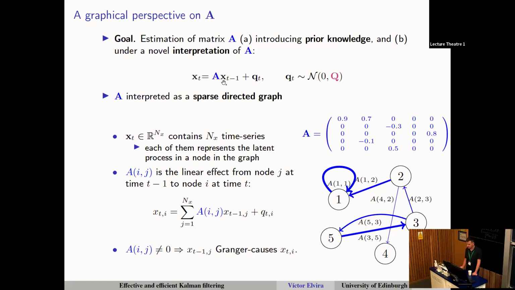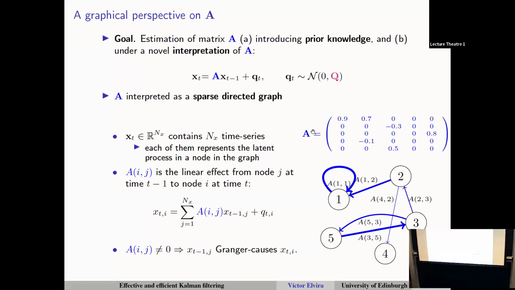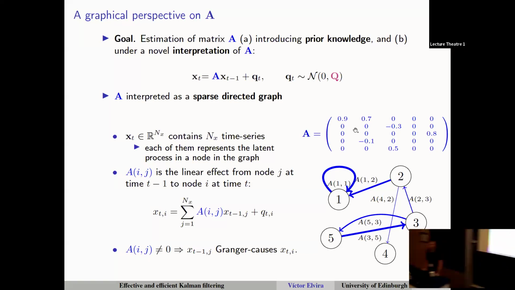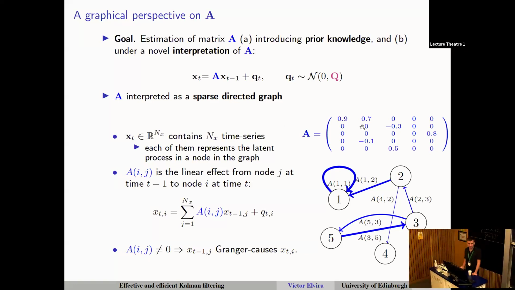So the matrix here is A, and I have this example. So now the latent state has just 5 dimensions, okay? Then the matrix needs to be 5 times 5. And think of this as a matrix that has many zeros. Why many zeros? Because that's going to justify the directed graph perspective.